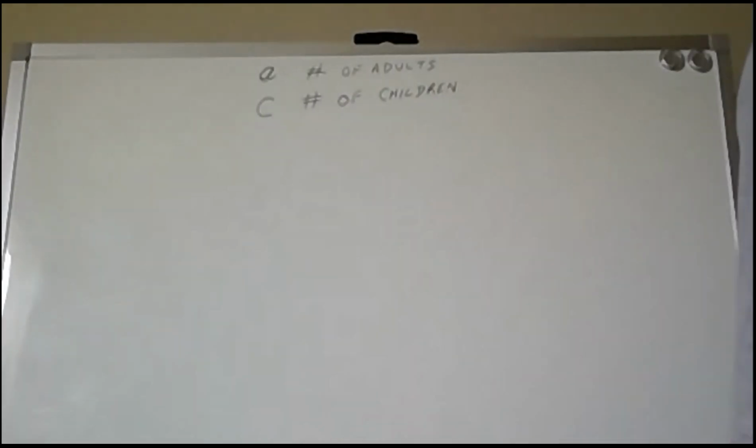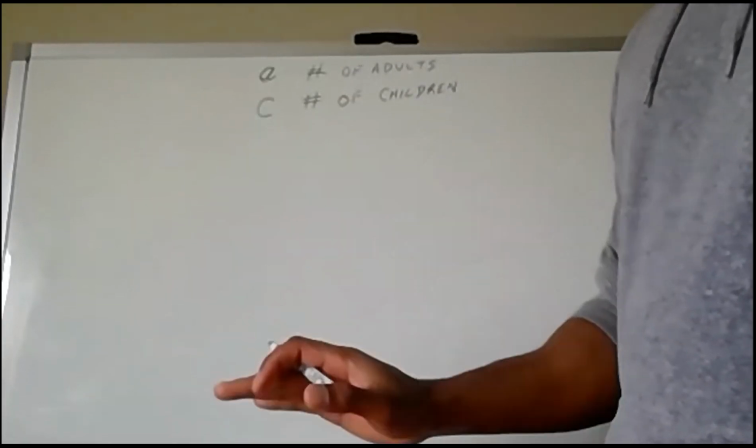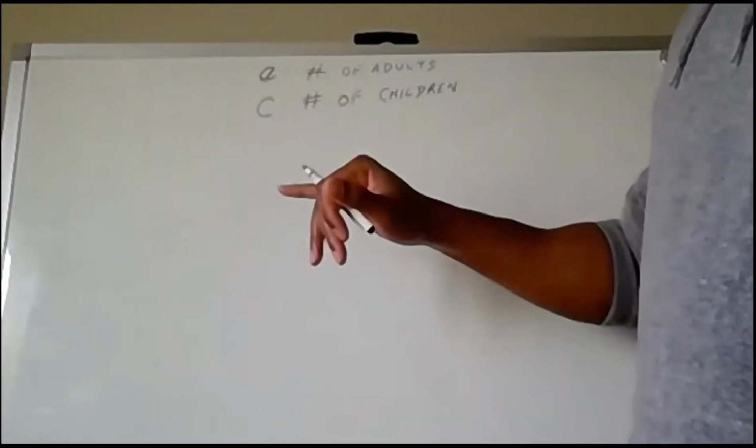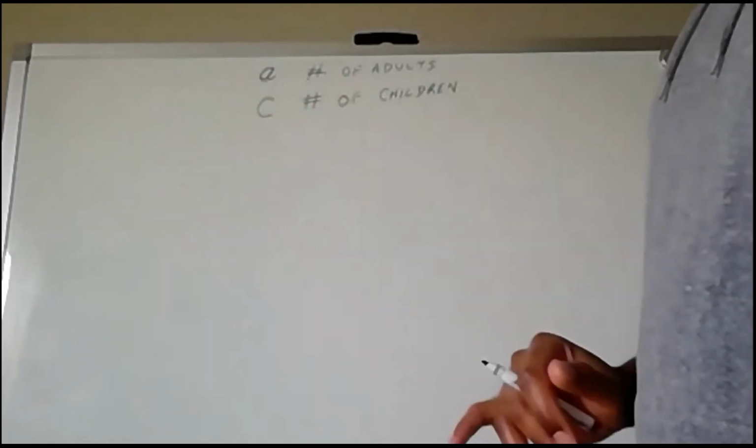So the first thing I did was give my variables a name, or a description. A represents the number of adults and C represents the number of children.